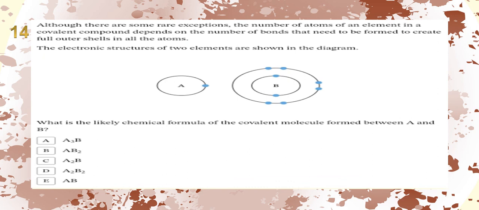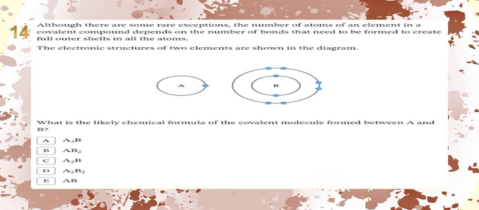The electronic structure of 2 elements is shown in the diagram. We have 1 electron in element A and 6 electrons in the outer shell of element B. What is the likely chemical formula of the covalent molecule formed between A and B?